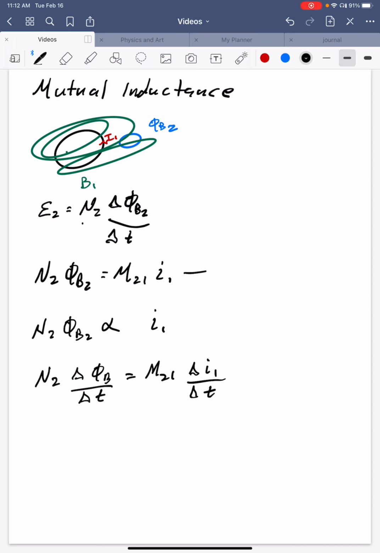This tells me that the EMF in the second coil is equal to this mutual inductance constant times the rate of change of the current in the first coil. Similarly, E1 would be the mutual inductance in 1 due to 2, M12, times delta I2 over delta t.